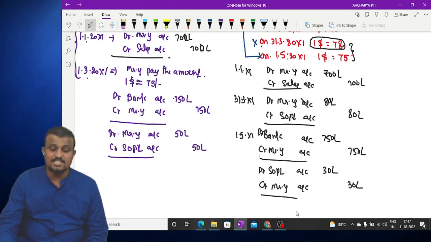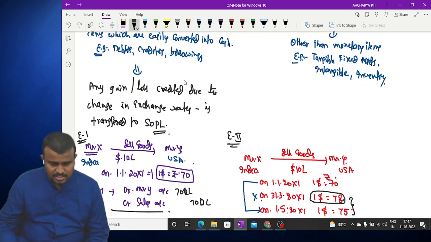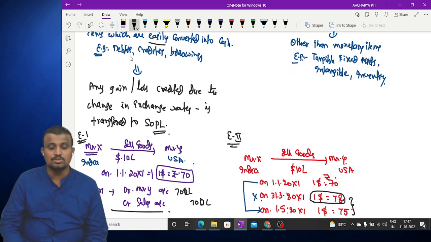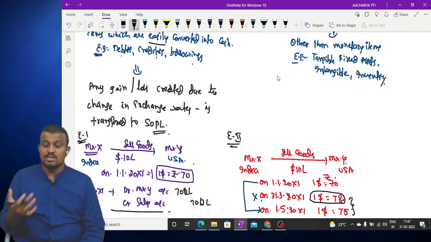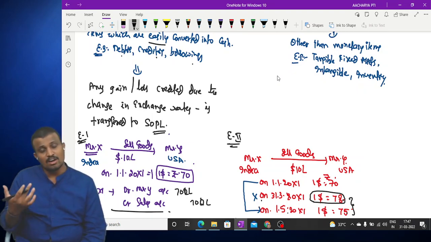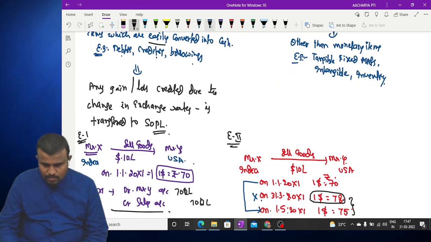So this is about monetary transactions. Monetary items are nothing but items which are easily converted into cash, such as debtors, creditors and borrowings. Items other than monetary items, like property, plant and machinery, intangible assets and inventory, are covered under non-monetary items.